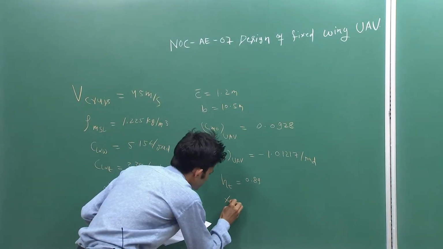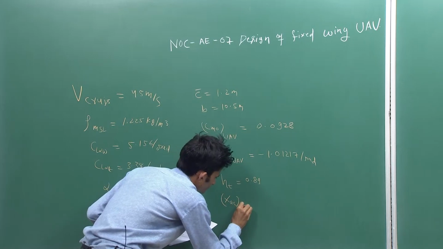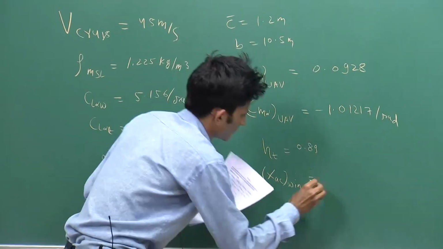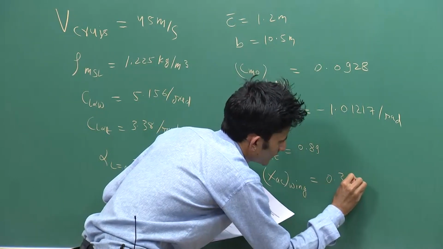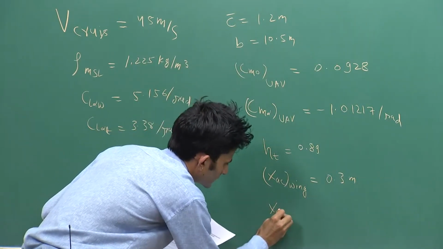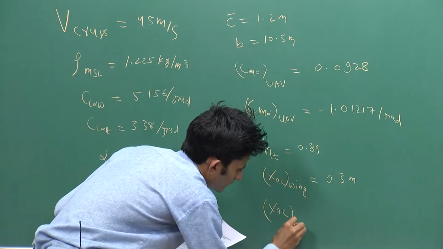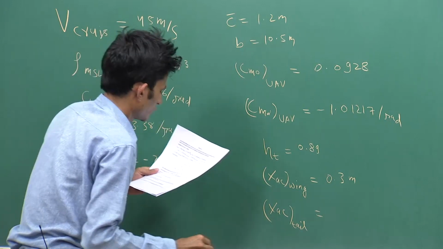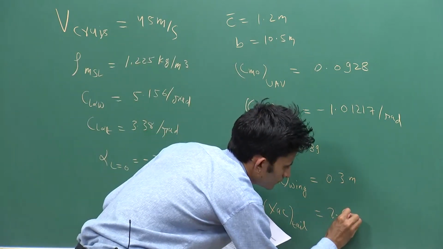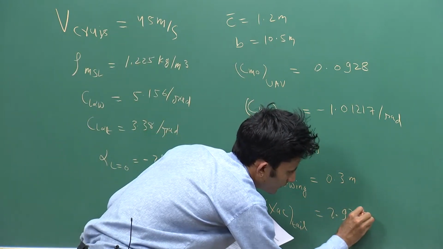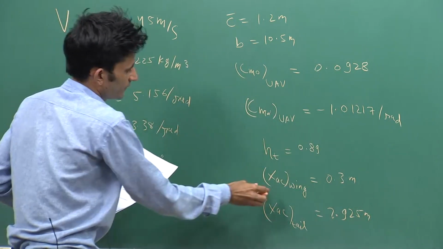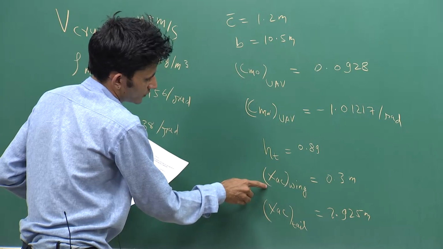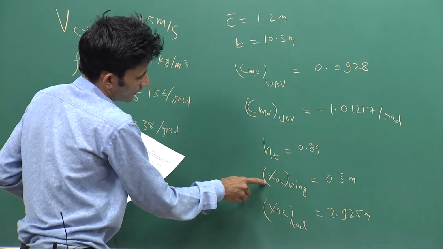XAC of the wing 0.3 meter and XAC of the tail is given 2.925 meter. So basically we are measuring this distance with reference to wing leading edge.